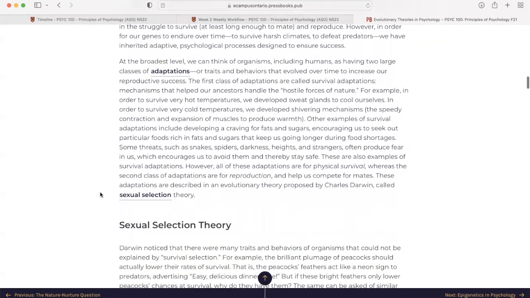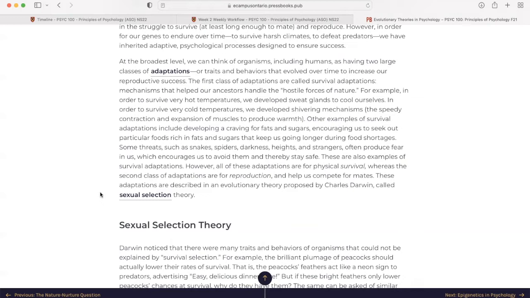At the broadest level, we can think of organisms, including humans, as having two large classes of adaptations, or traits and behaviors that evolve over time to increase our reproductive success. The first class of adaptations are called survival adaptations, mechanisms that helped our ancestors handle the hostile forces of nature.